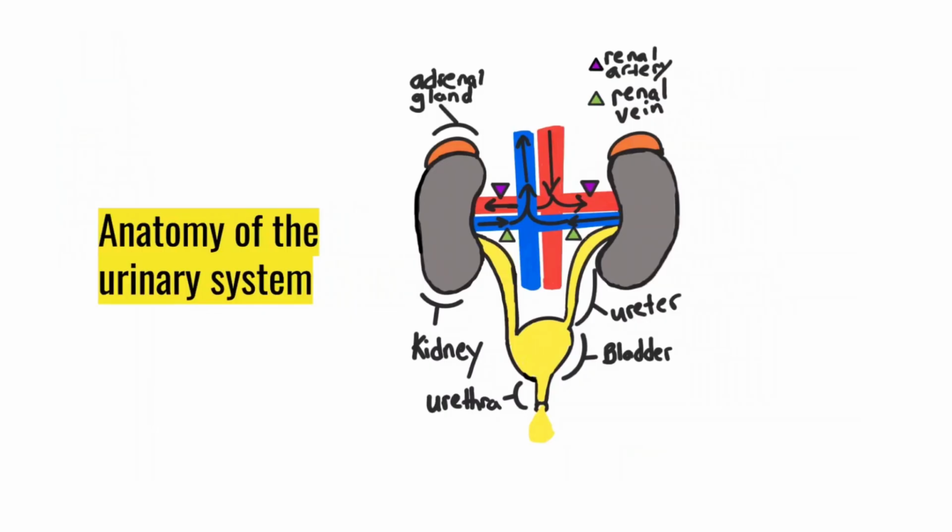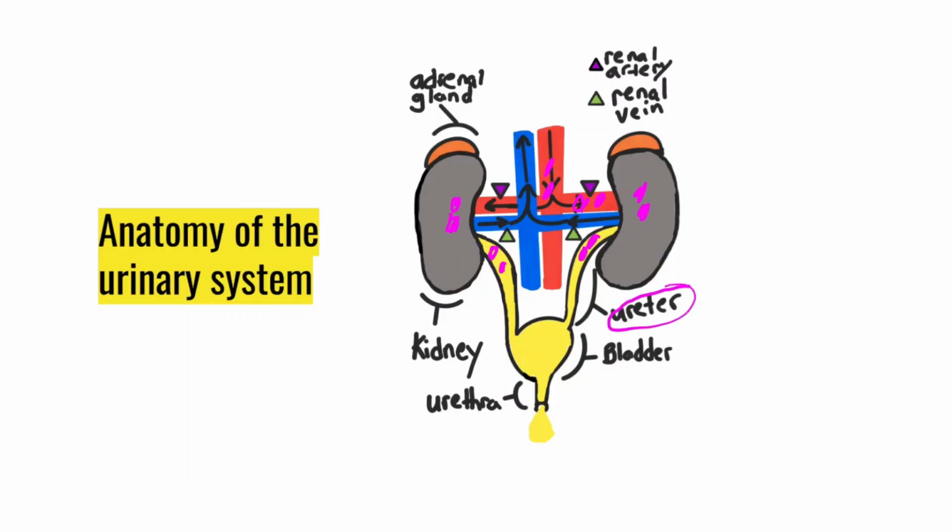Here is some basic anatomy of the system that we have discussed already. So, the blood enters the kidney through the renal arteries and exits through the renal veins. Again, with the goal being that we're going to remove some waste products out of the blood from the renal arteries into the kidney, and then we're going to put those in these tubes heading towards the bladder, which are known as the ureters.